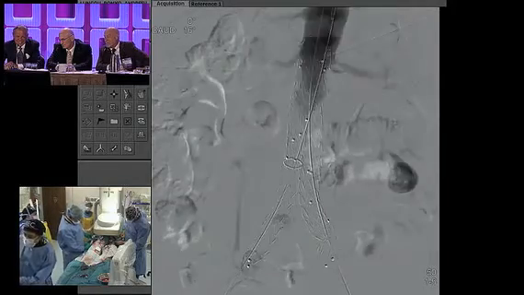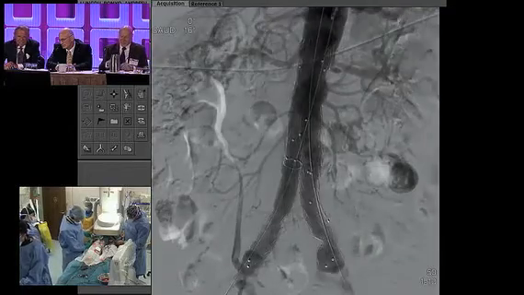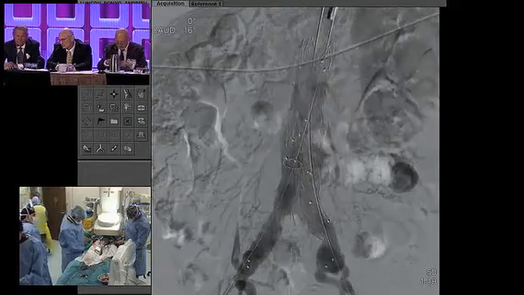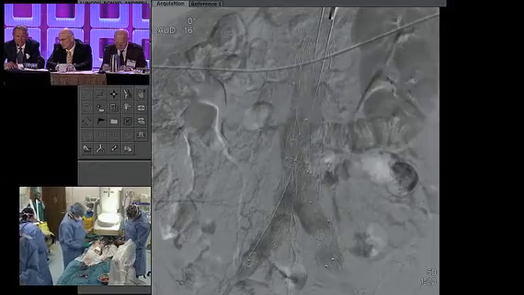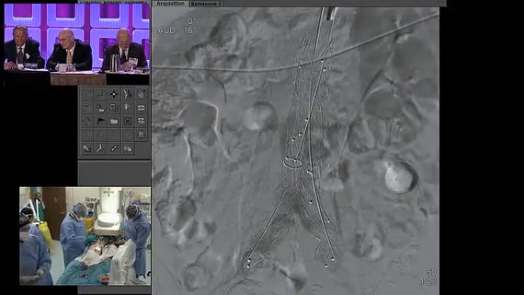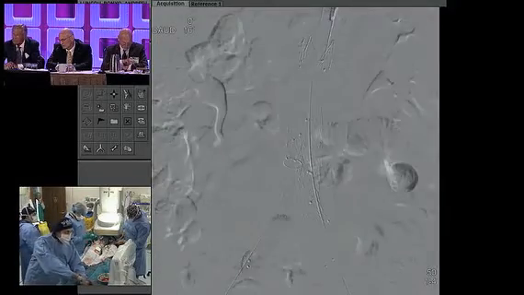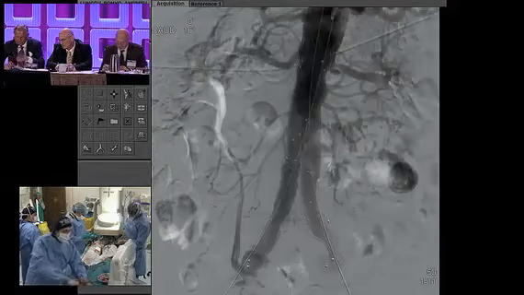So I think the main body and the right side is quite acceptable. On the left side, I think it's always possible to put an additional stent graft on the level of the iliac aneurysm.